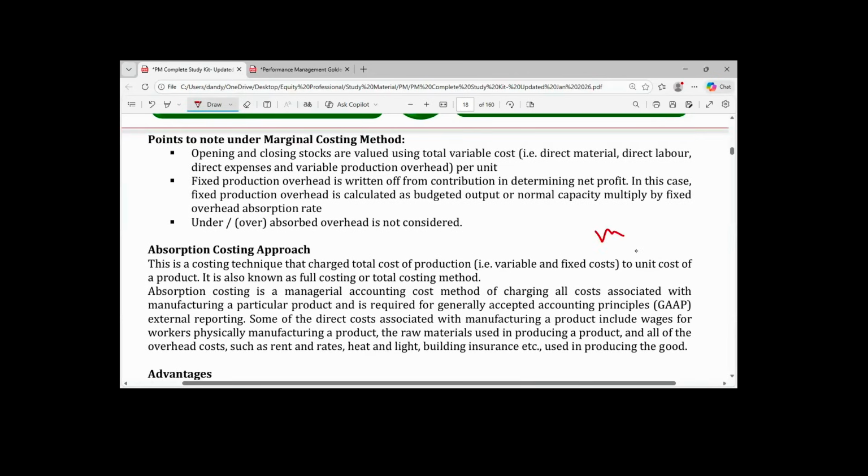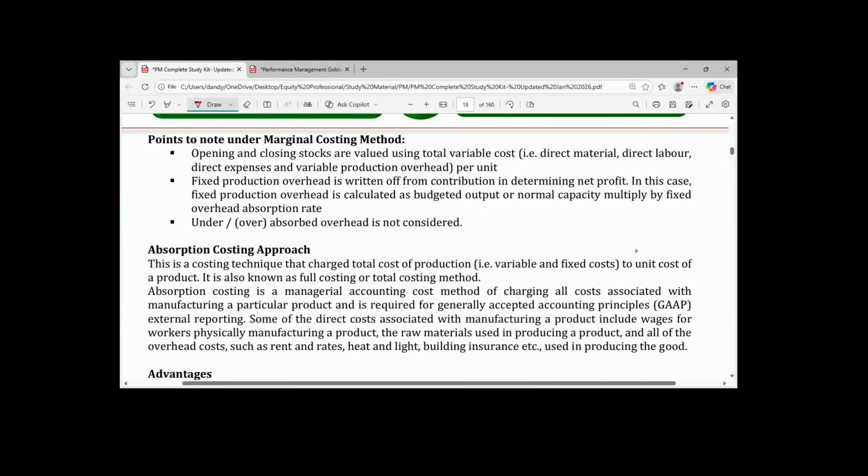Then we moved on to discuss the features that you need to consider when preparing the income statement using the absorption costing method. The first is that opening and closing stocks are valued at total cost per unit. Point number two, fixed production overhead is part of production cost.